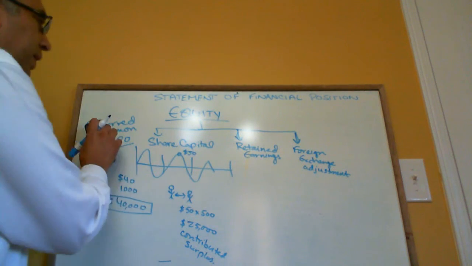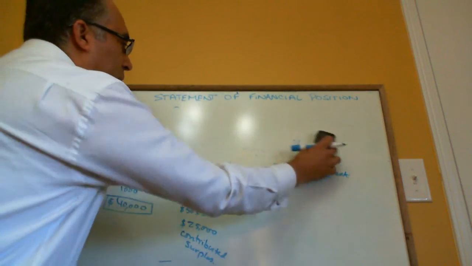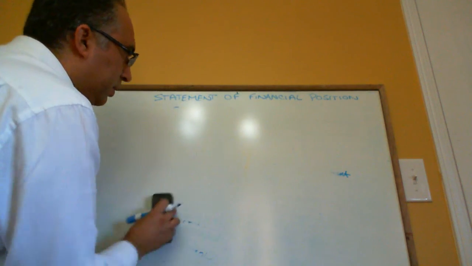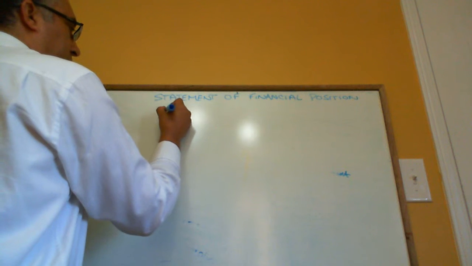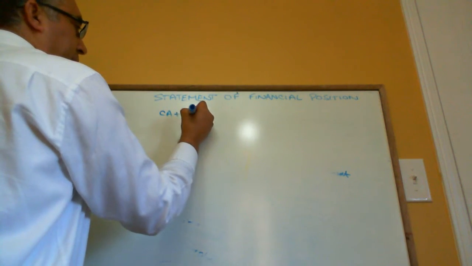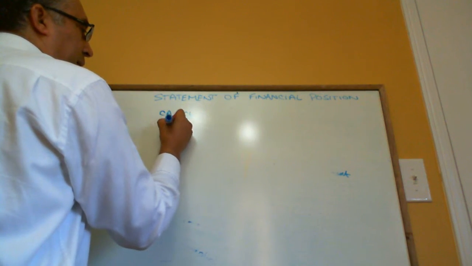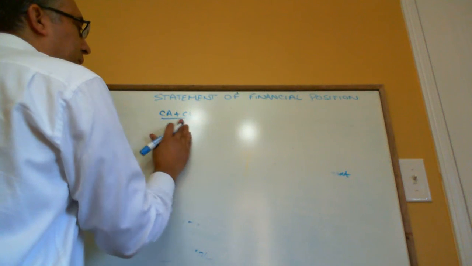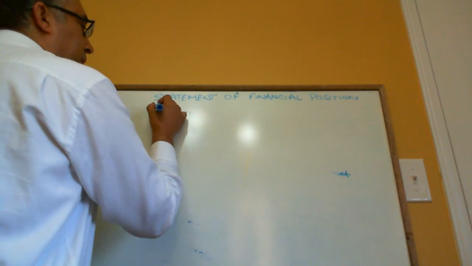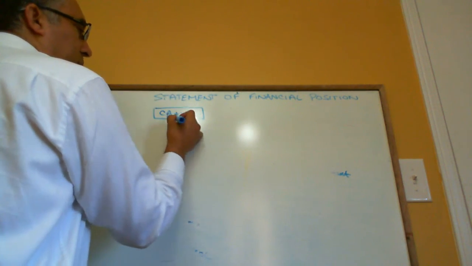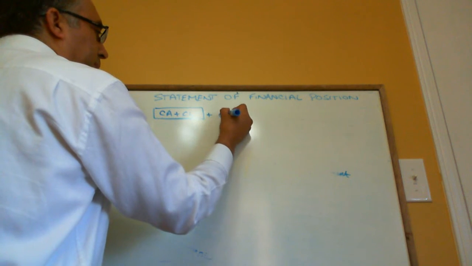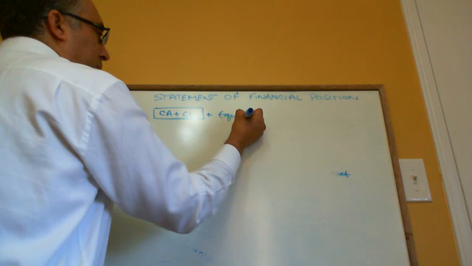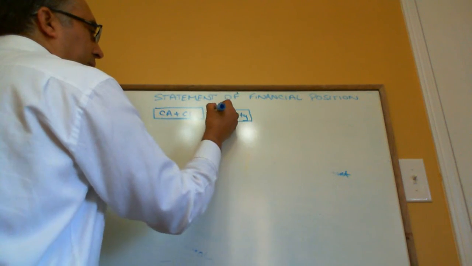So think of it this way: in the statement of financial position, what have we done? We are basically looking at the current assets plus current liabilities. So these are both our liabilities. These liabilities are basically used by the company, plus also the equity, the share capital, and the other items.